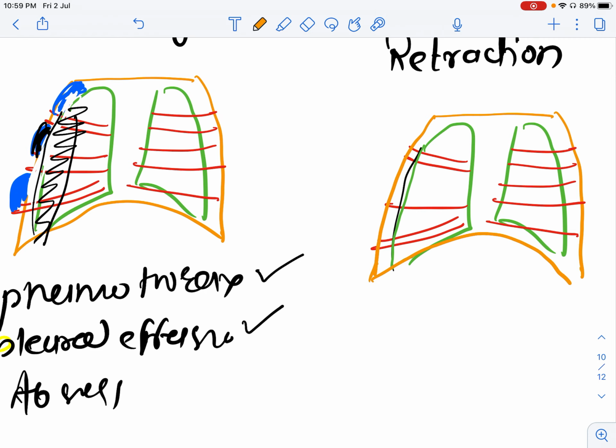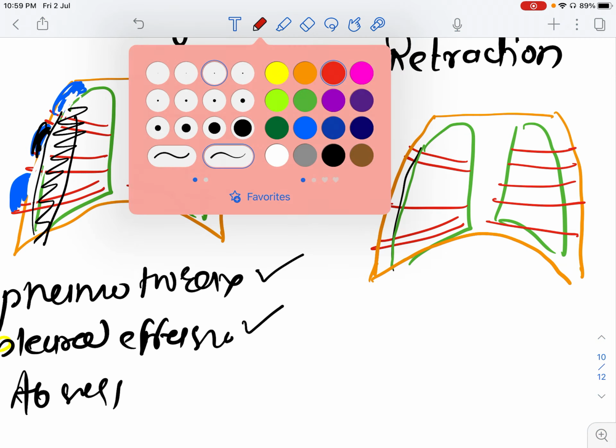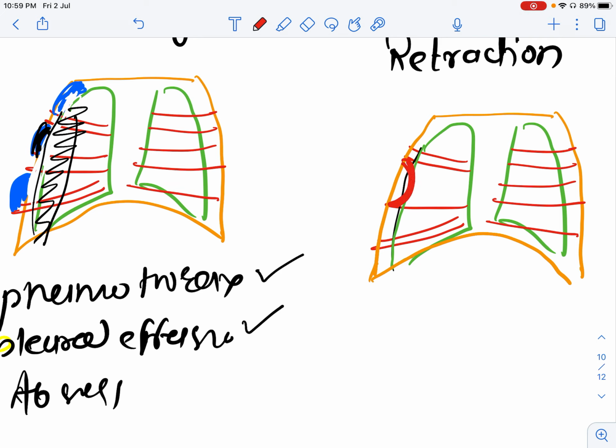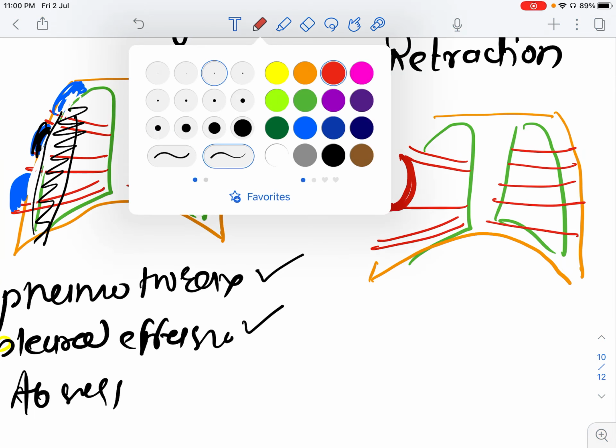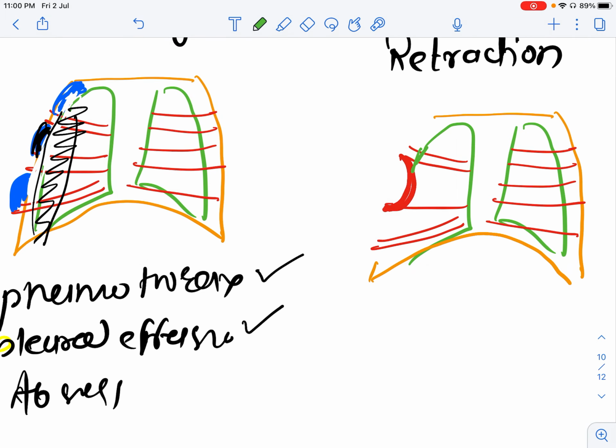What we see is instead of a bulge, what we are seeing is a retracted part. This is what you're seeing, a retracted part. The rest of the lung appears normal.